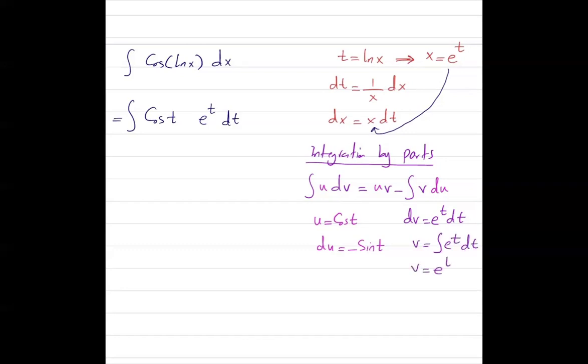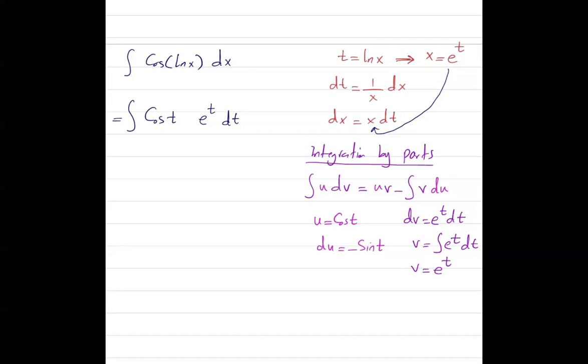So v is just e to power t. Perfect. So let us apply the method of integration by parts and try to simplify this as much as we can.